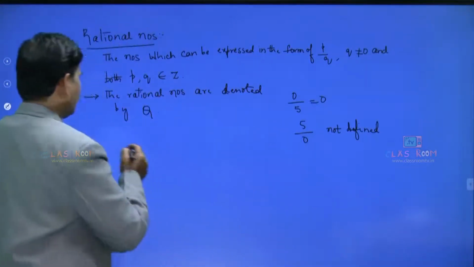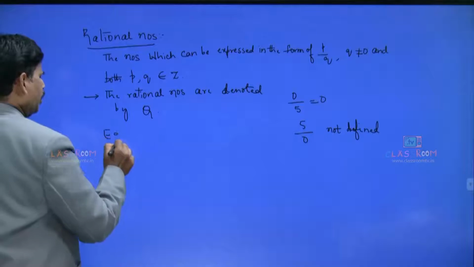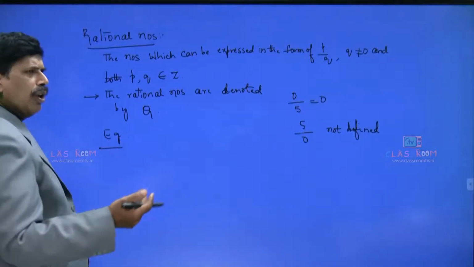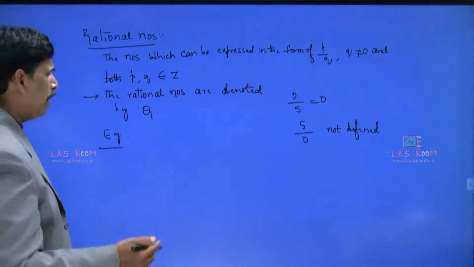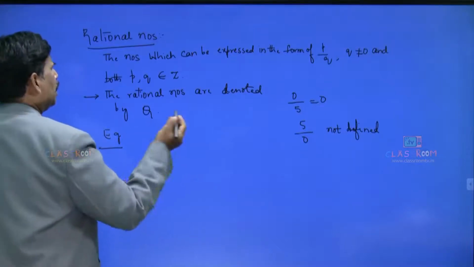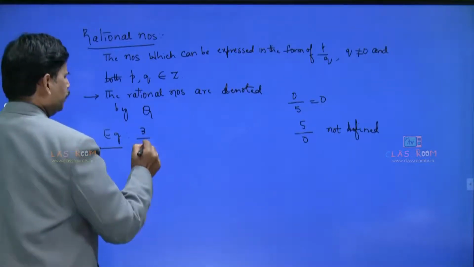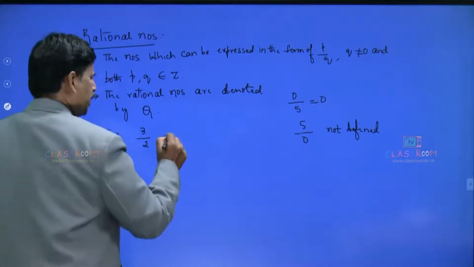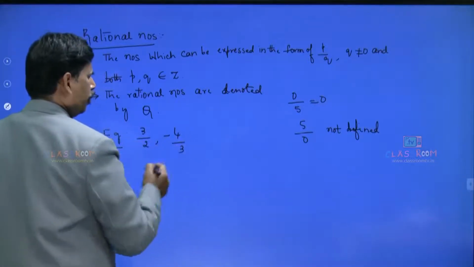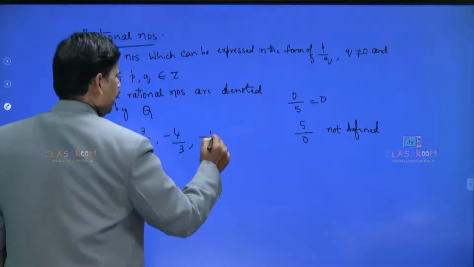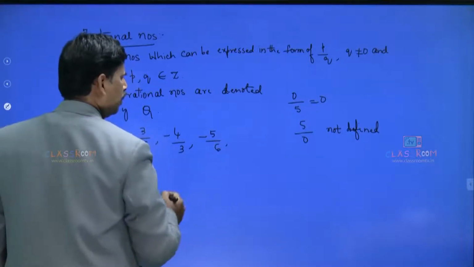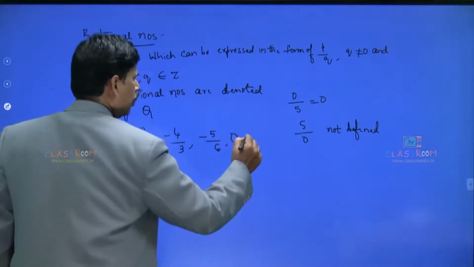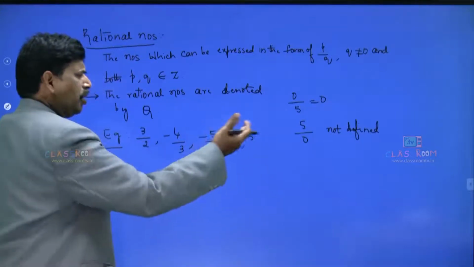So we can have some examples of rational numbers. You can try on your choice, but it should be in the form of p by q. Say suppose you take 3 by 2. It can be negative also, no problem. Minus 4 by 3, minus 5 by 6, 0, 5. So these type of numbers.